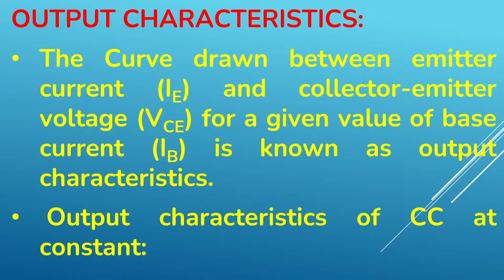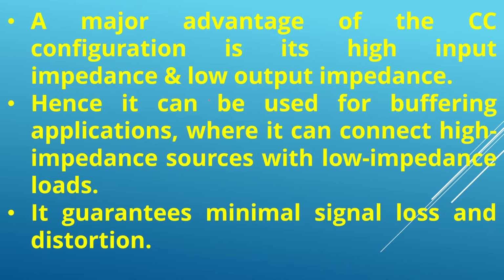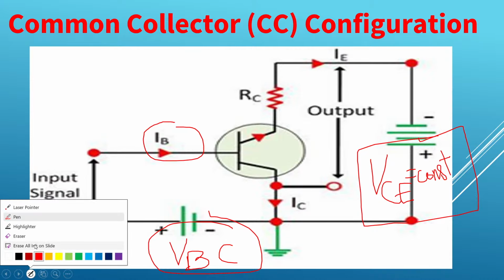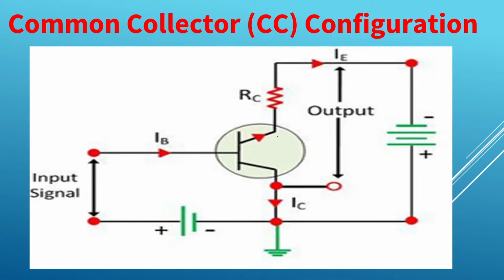Next, output characteristics. Okay, so let us see output characteristics. In order to determine the output characteristics, we have to assume some constant parameter on the input side. So let's go back to the circuit. Here, common collector, isn't it?